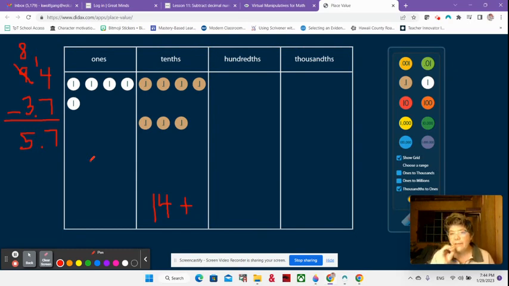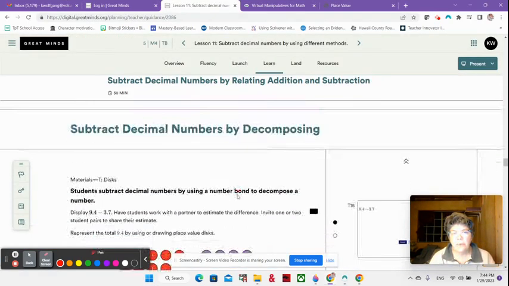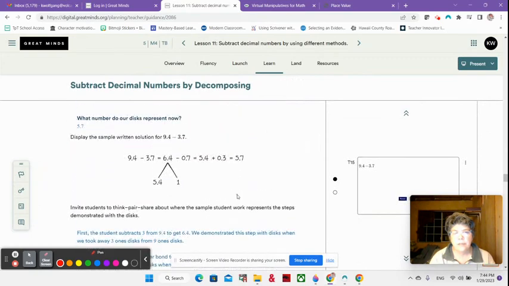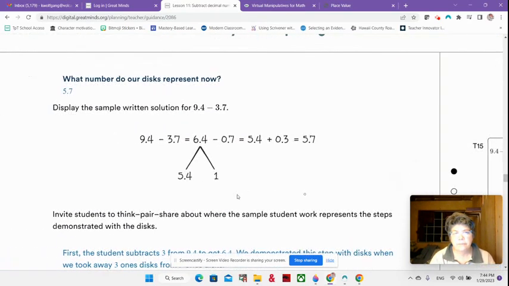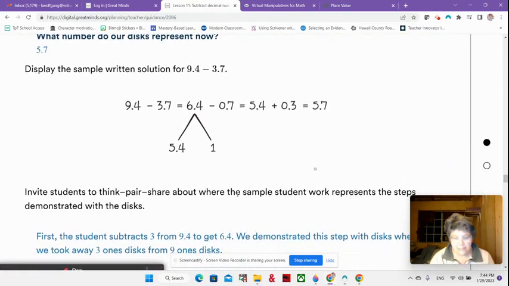Now, I want you to keep that in your mind as we look at another way to do our subtraction here. Okay, so this is the same thing, 9 4/10 minus 3 7/10. And this is what we actually just did, but I just want to show you how you can write it out, because this might help you.